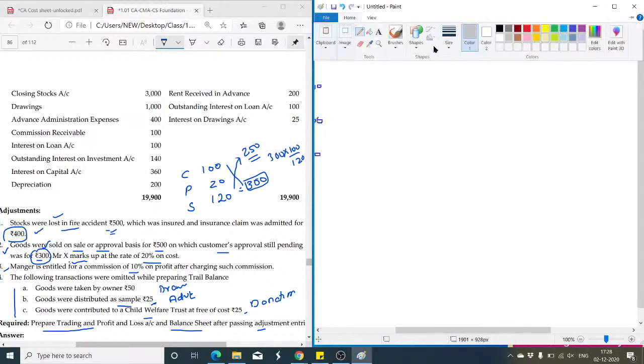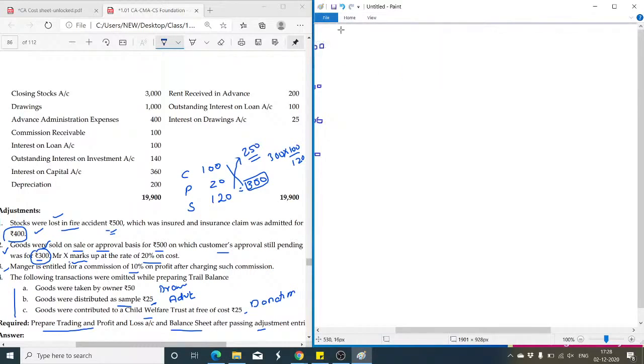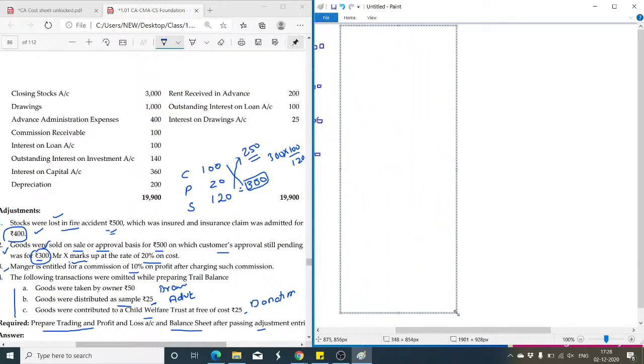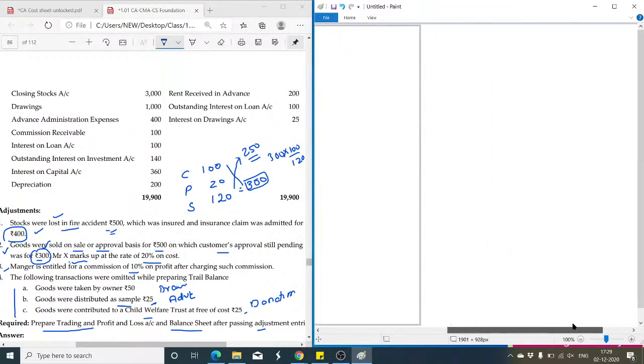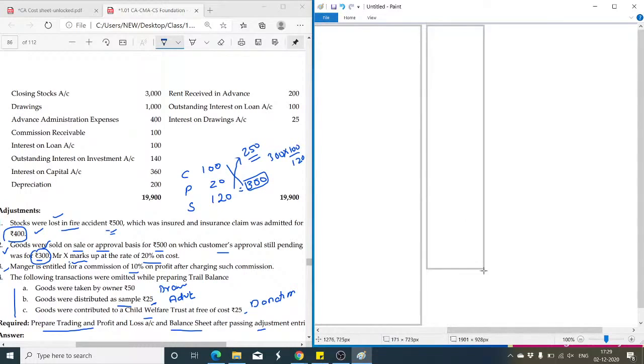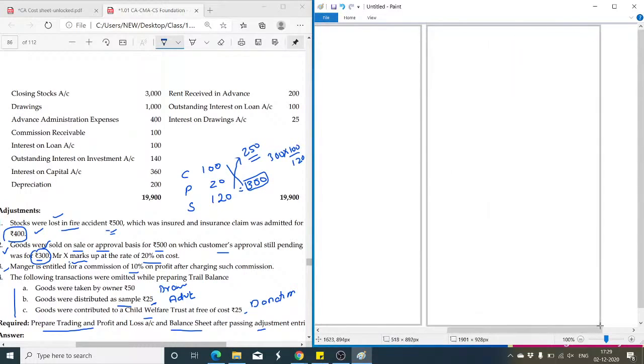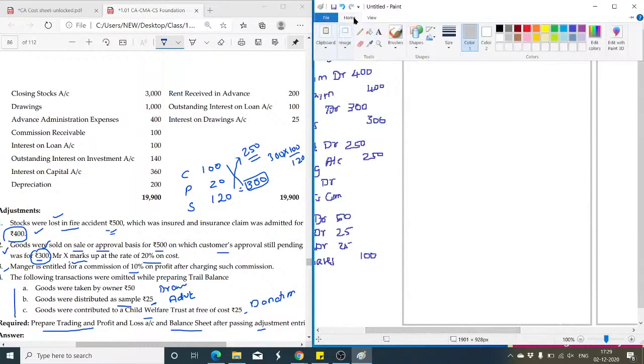I'll open the trading and P&L account as well as the balance sheet now. Trading account and P&L account and balance sheet. I'll just draw the lines here.